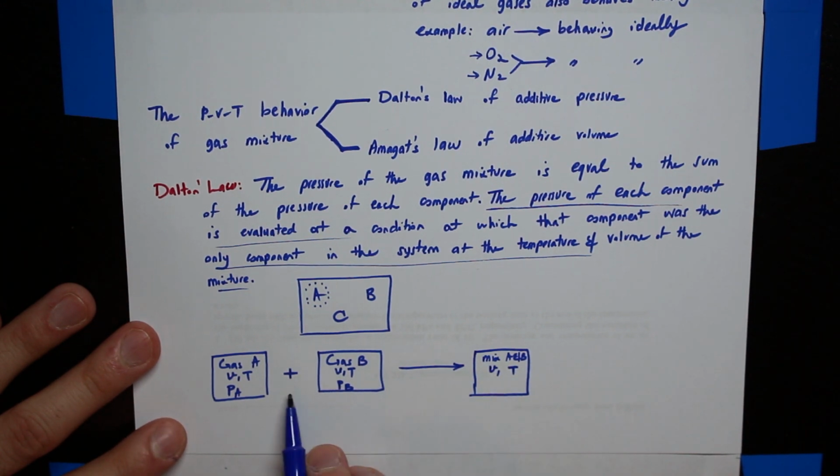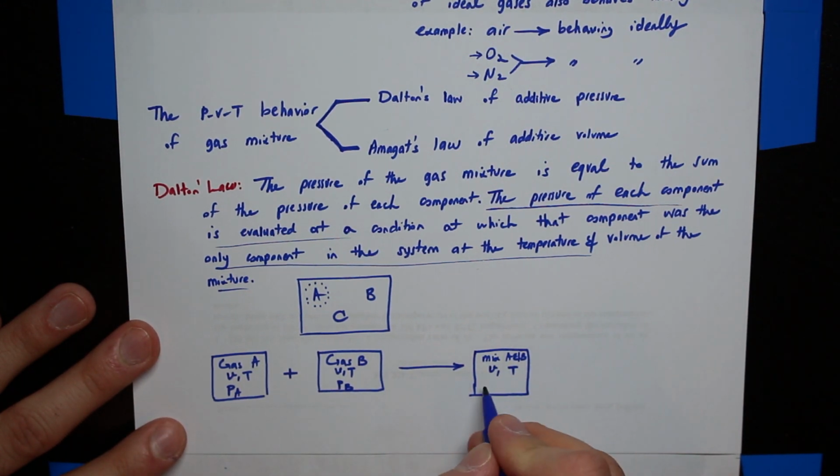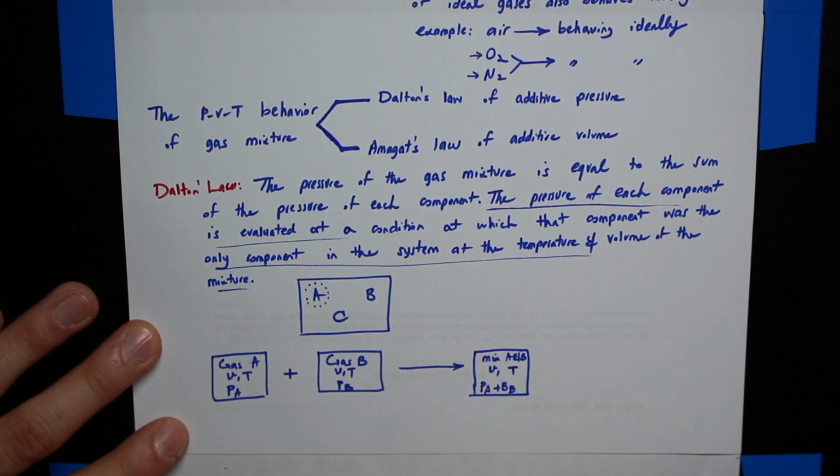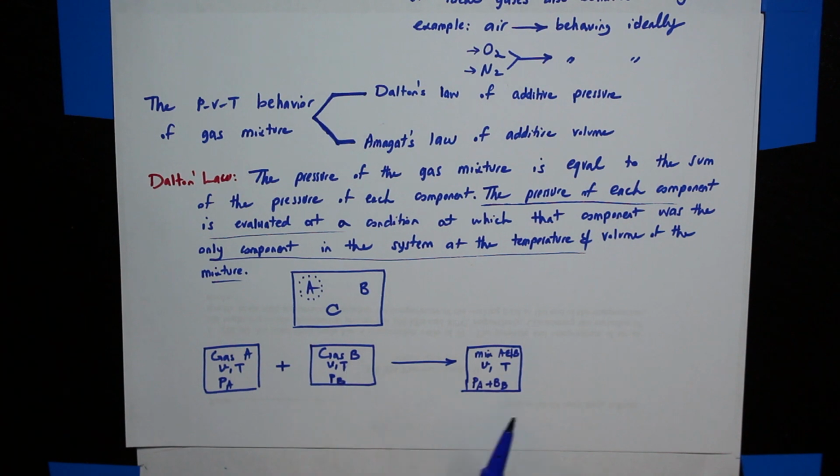But the pressure of the mixture is the pressure of A plus the pressure of B. So these two gases as well as the mixture are evaluated at the same temperature and the same volume. Volume doesn't really change, but the pressure is the sum of these two pressures. So that is Dalton's law.